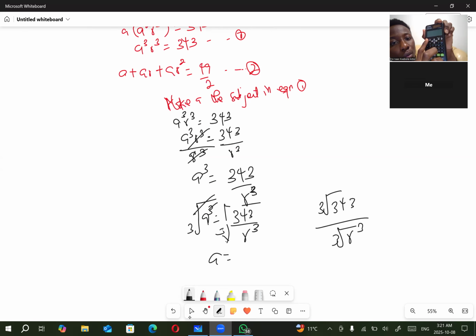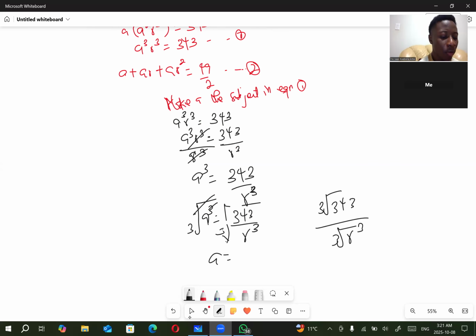To get that feature, press shift, then press that. You see? So cube root. Did you get that? Yes.